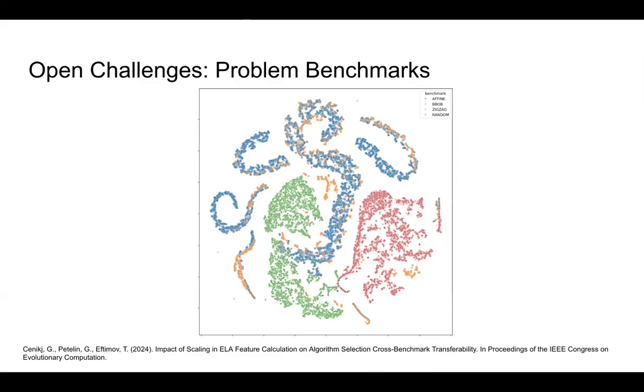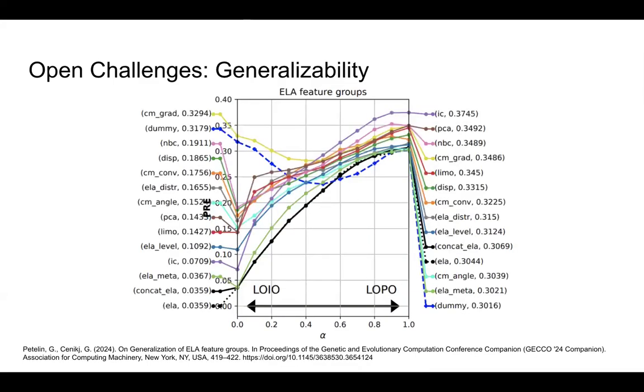Then a huge challenge for me is generalizability. What this means is that you can train an algorithm selector on some problems, but then this does not really generalize to any unseen data.